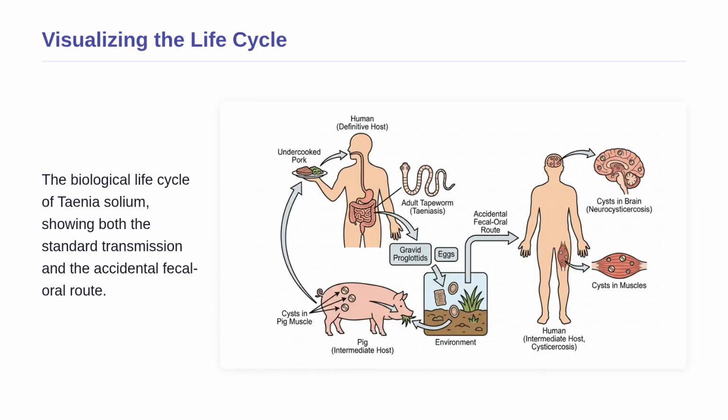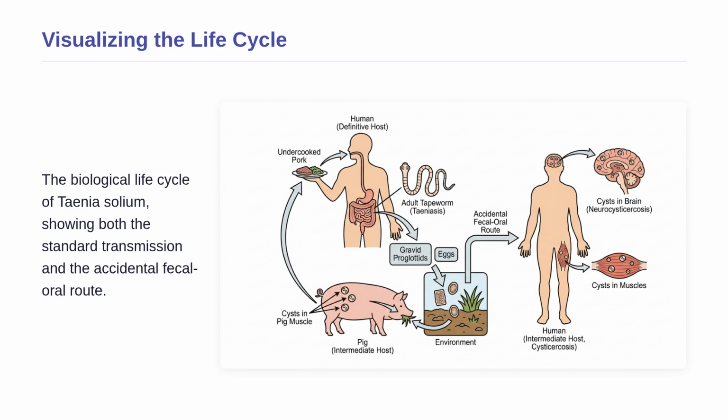Having discussed the 2 diseases, let us visualize exactly how they occur through this life cycle diagram. On the left, you can see the standard cycle. A human, the definitive host, eats undercooked pork containing cysts, leading to an intestinal tapeworm. This human then sheds gravid proglottids and eggs into the environment.